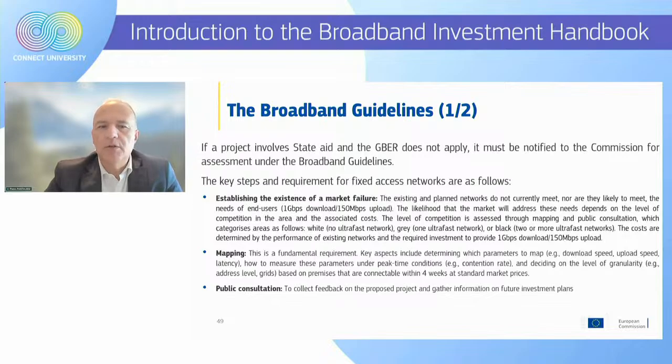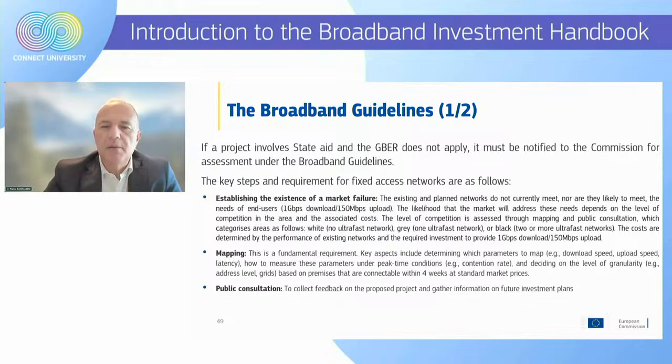I will not describe in detail what is in the broadband guidelines, because otherwise I will not manage to make them accessible, but I would like to just describe the key elements. First of all, the broadband guidelines refer to how we assess the existence of a market failure.